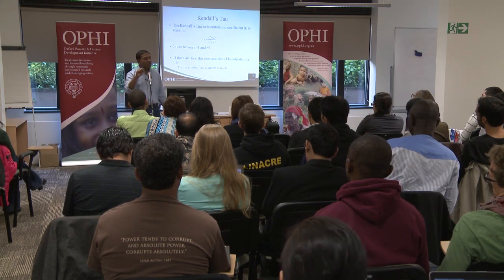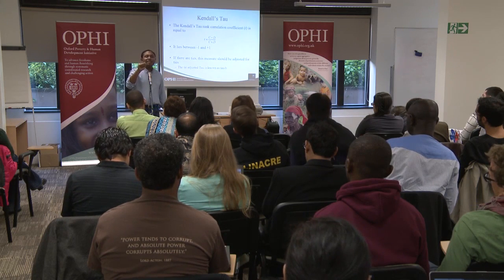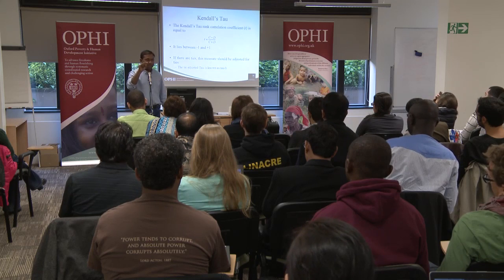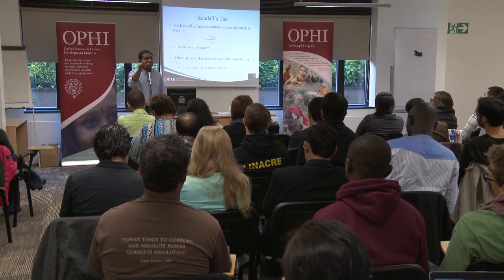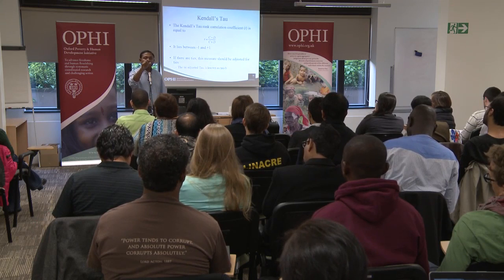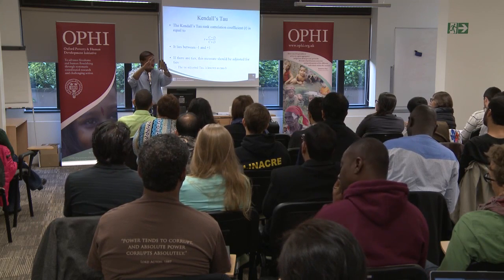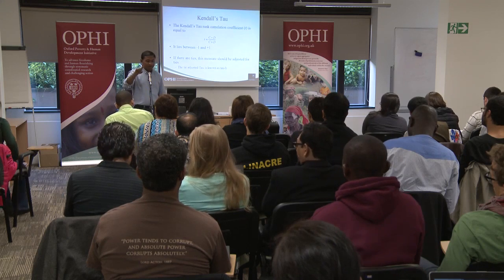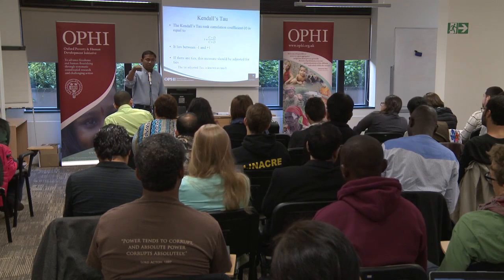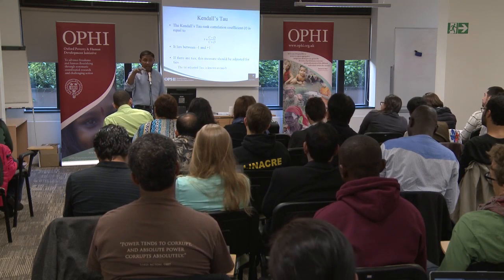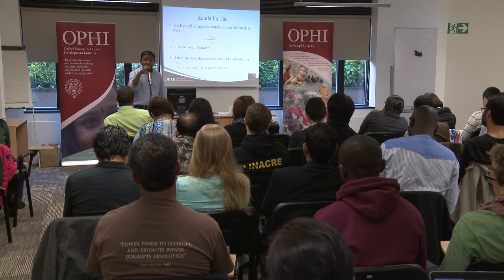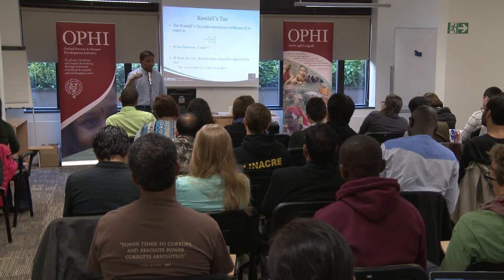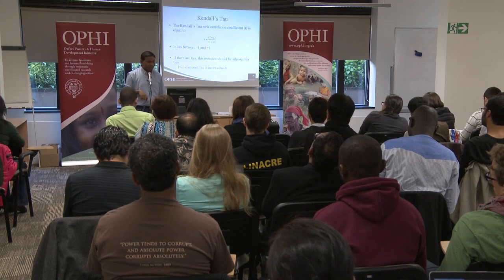So in Stata, the command is ktau, k-t-a-u. ktau is the command to compute the Kendall's tau correlation coefficient between two rankings. And then you can specify the option tau b, which, if you have ties between two ranks, can compute the ties-adjusted one.